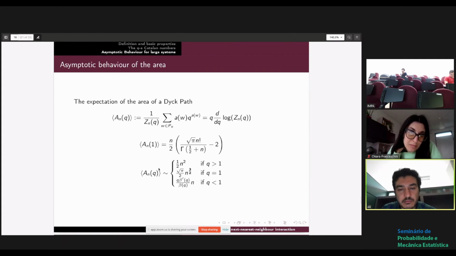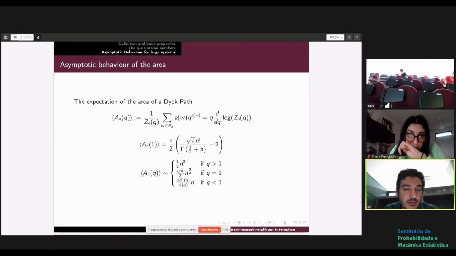For q different from 1, you can extract the asymptotics from the previous asymptotics of Z_n(q). For q bigger than 1, the average area is like n squared. It's as if the maximum height of this path is of the order of n, and the base is n.